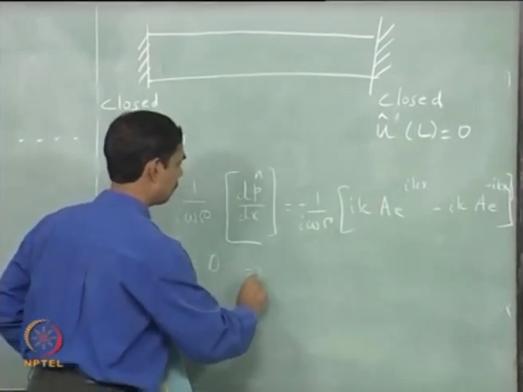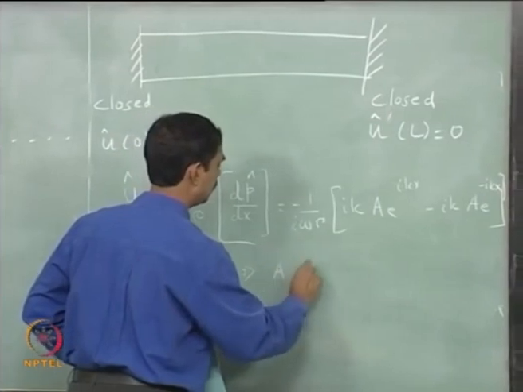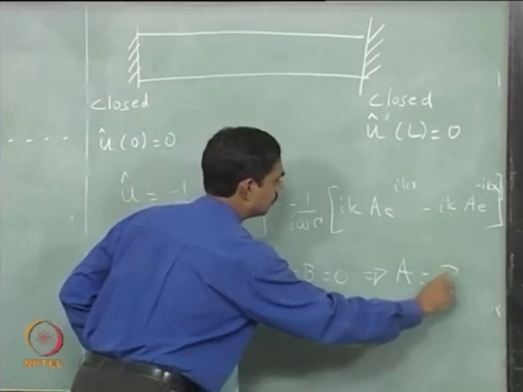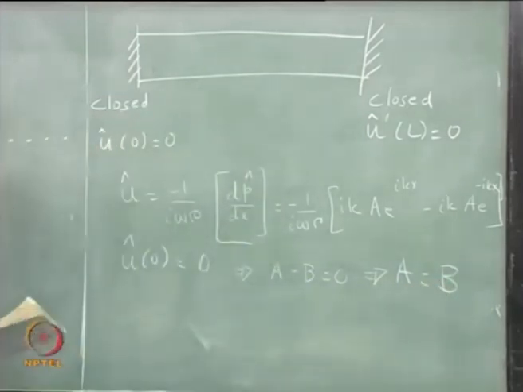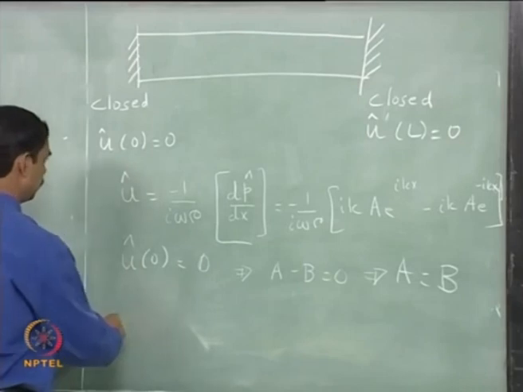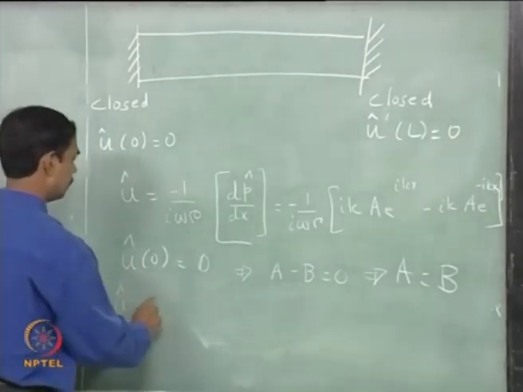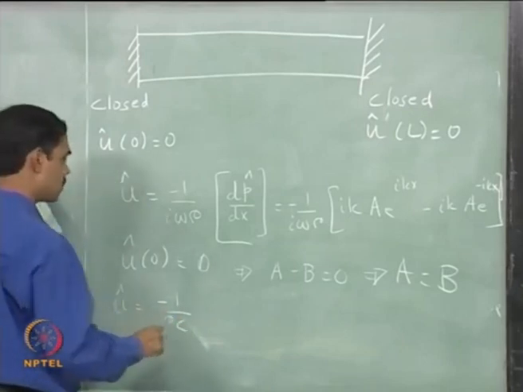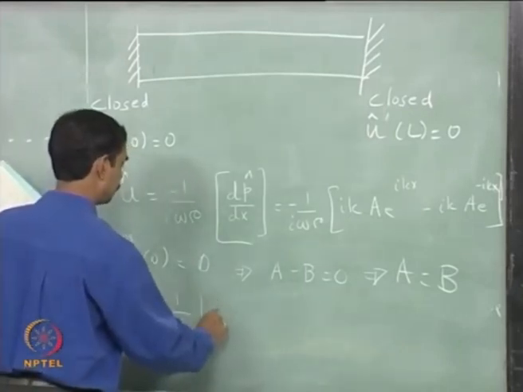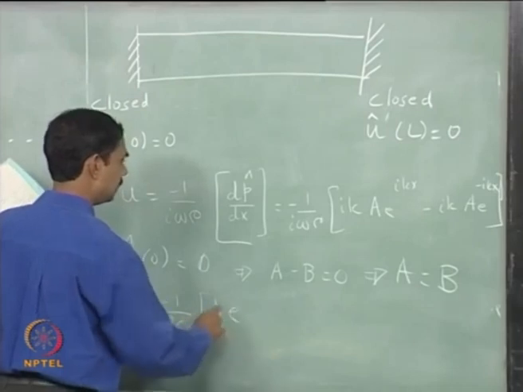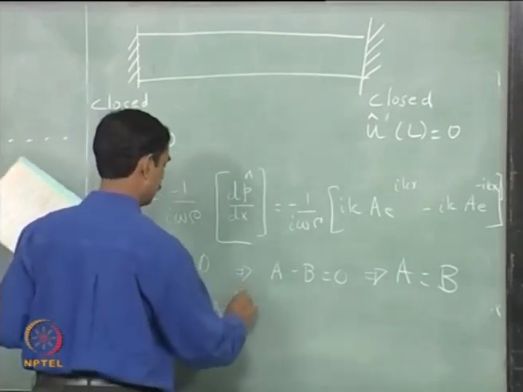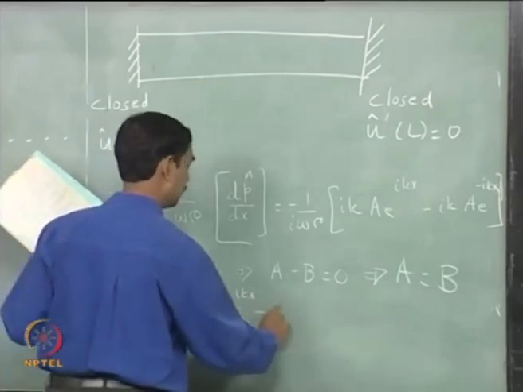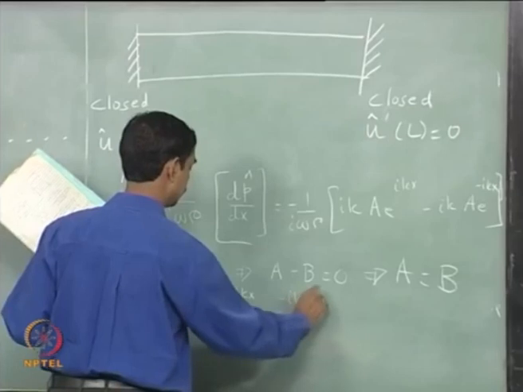That means a equal to b. So we can write u hat equal to minus 1 over rho c times a e power ikx, I will take the a out, minus e power minus ikx.